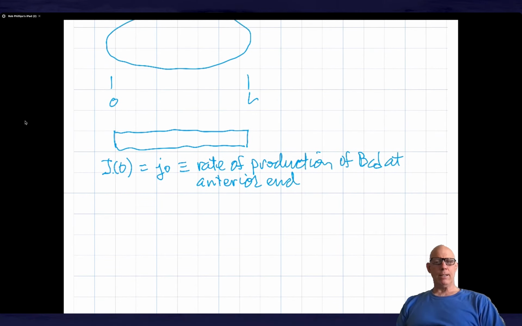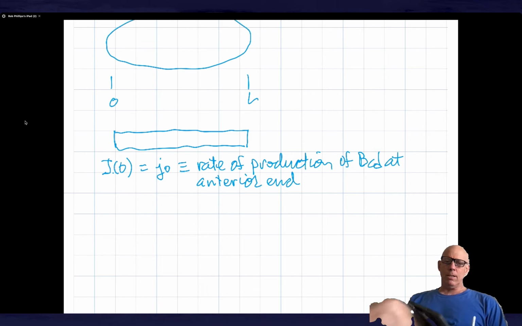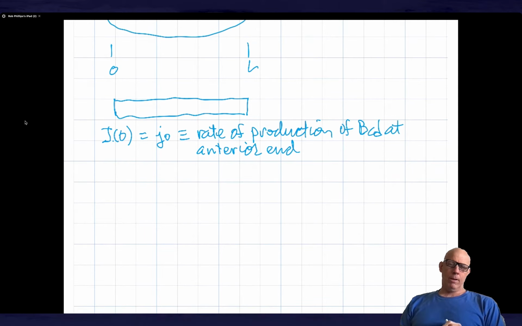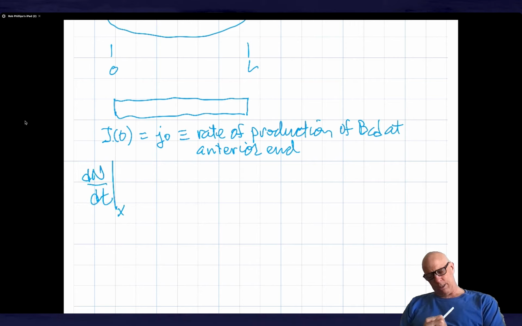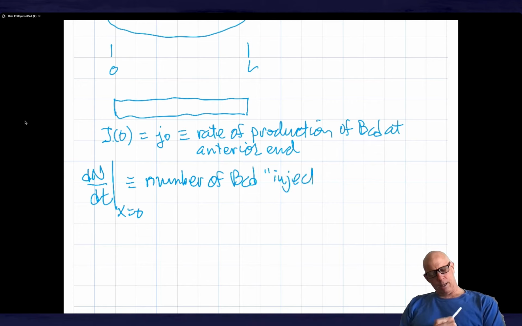So what I'm saying is that all the action from the mother takes place in the form of the deposited mRNA, and what this tells us is that there's a certain amount of Bicoid molecules that are synthesized per unit time. And so if I wanted to find the rate at which molecules are injected, so this is at x equals 0, I'm calling this the number of Bicoids injected per second at the anterior end.